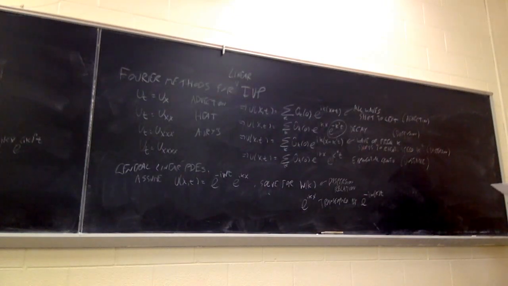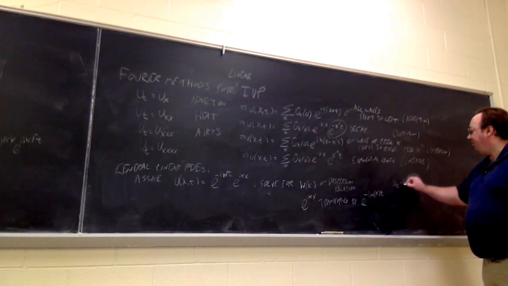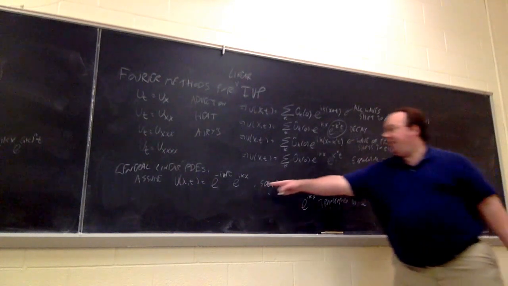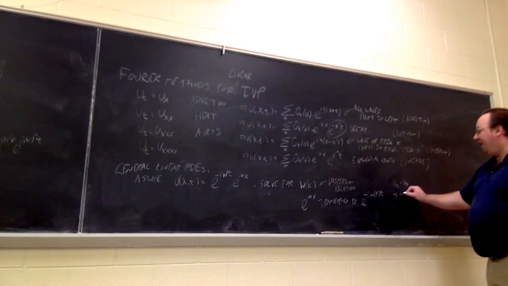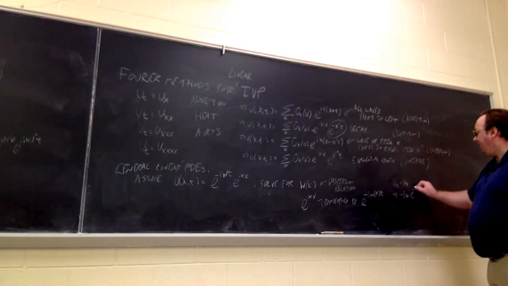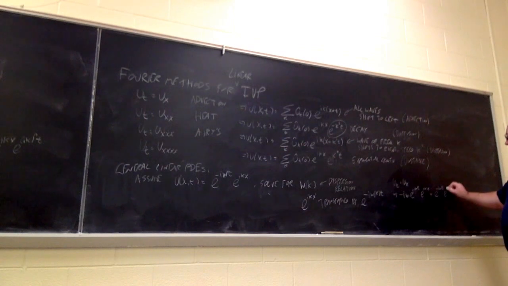Okay. So what I can do now is show you. To give an example from one of the PDEs that we just saw, like u_t is equal to u_x. If I assume that u has this form, I get minus i w e to the minus i w t e to the i k x, that's u_t, is equal to u_x, which gives e to the minus i w t e to the i k x times i k.